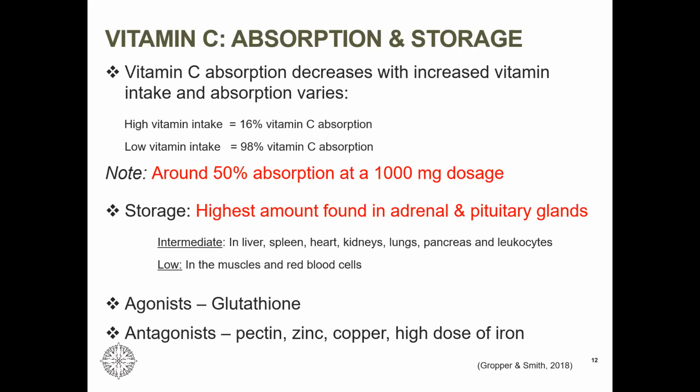And as you can see, it is highlighted in red here that there is around 50% absorption at a 100 milligram dosage. So what I was doing, I was taking 500 milligrams 4-5 times a day so that maximal absorption happens.